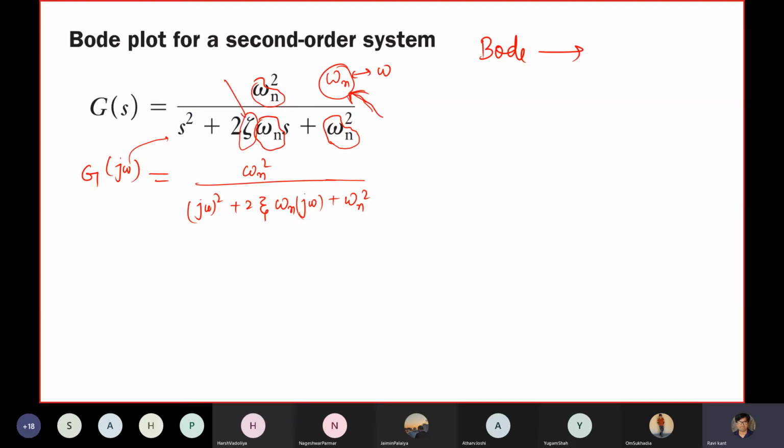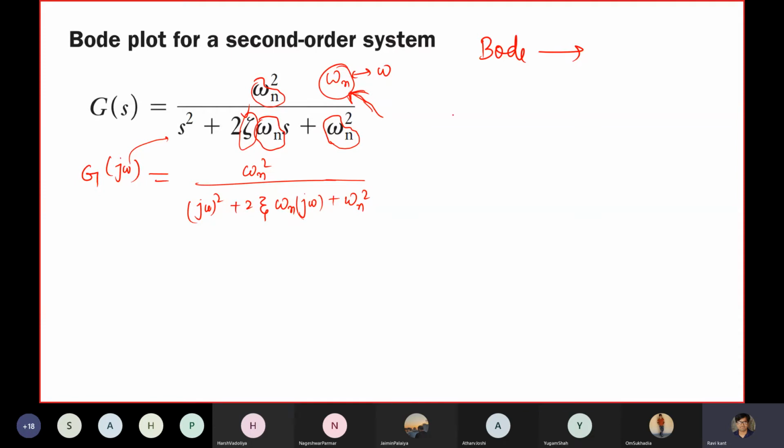Zeta, if I remember, is C by C critical, and C critical turns out to be, probably, if I'm not wrong, under root of KM, something like that. Go and check in the literature. Currently I don't remember it, but it would be given for a particular system.